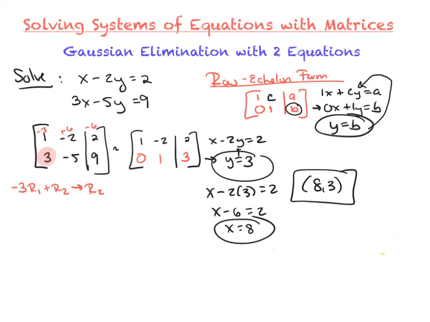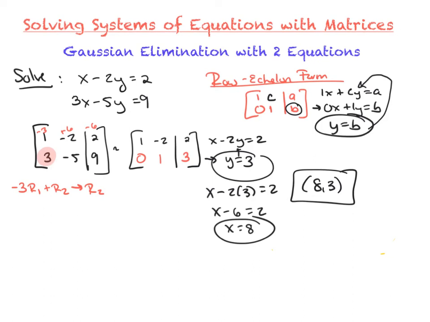A lot of times, getting a matrix into simply row echelon form, where you have 1s along the diagonal and 0s underneath those 1s, is plenty to figuring out what the answer is. On the other hand, if you wanted to, you could keep going and get it into reduced row echelon form to solve.